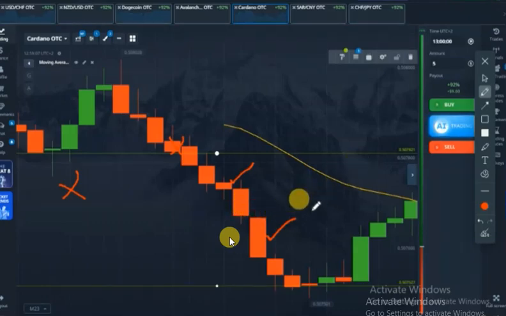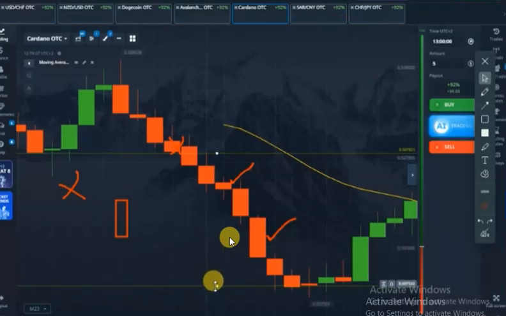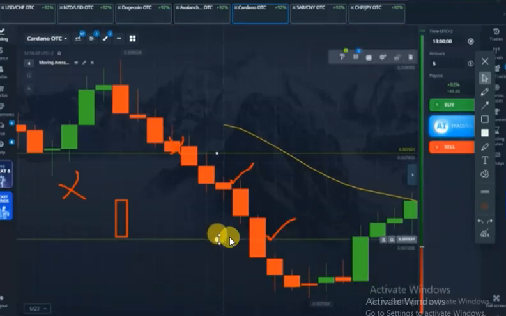Okay. So for example, the candle opens from here, goes all the way down, right? And the next candle, and let's say we have a level over here, right? And then we know that the next candle has to go up, right?